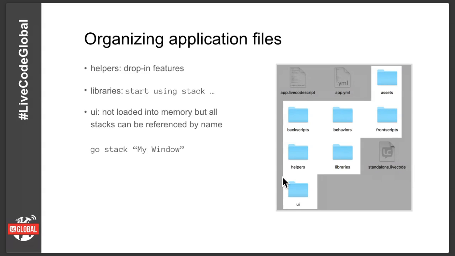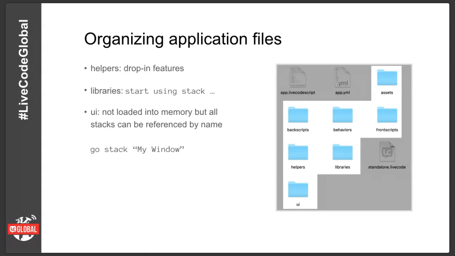But the idea is that a helper is a folder, and it's a combination of stacks, images, extensions, externals, whatever you need as a developer to implement a feature goes inside of this folder. And you have a YAML file which tells Levure how it should treat each of those files. So you take that helper folder, you drop it into your Levure helpers folder, and that becomes a feature that's available to your application.